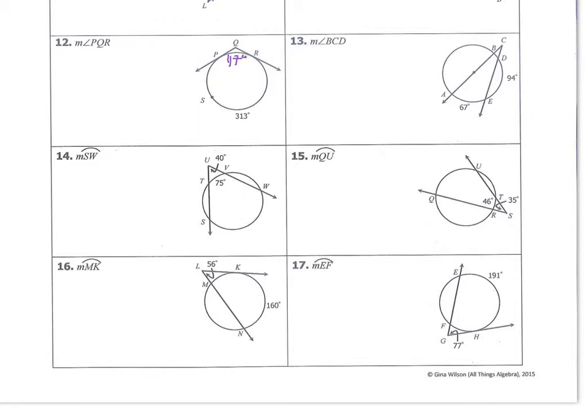Squeeze that in there. So now to find my angle, I'm going to take half of the difference of the two arcs. So 313 minus 47 is 266, divided by 2 is what? 133 degrees.